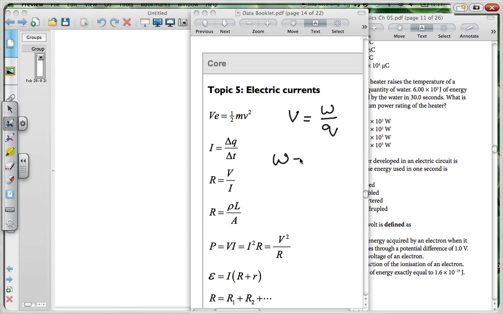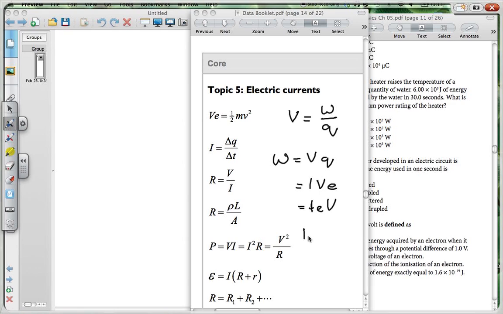So work is equal to V times Q. So when I pass an electron through a potential difference of 1 volt, the work done on it is 1 volt times the charge on an electron, and we say that as an e. So we get 1 eV.